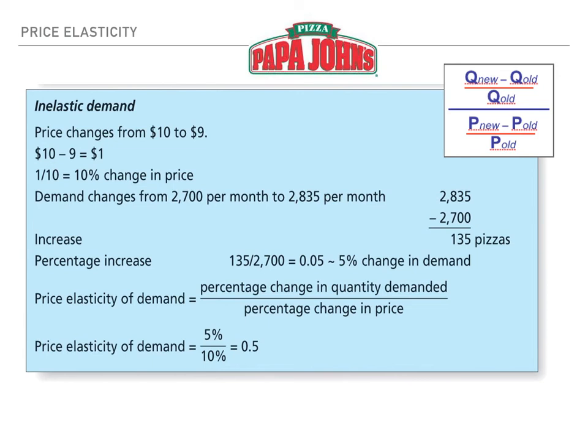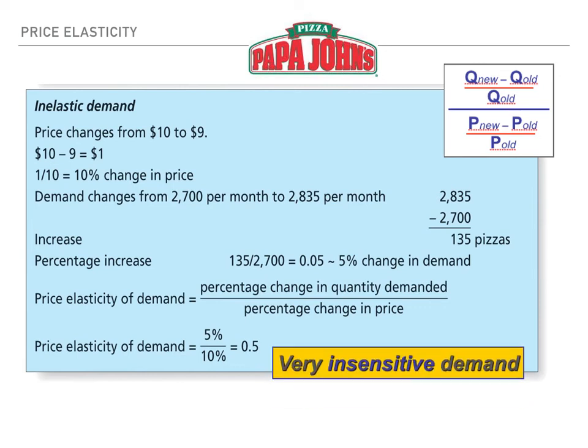When you work out the calculations, you will get a price elasticity of demand of 0.5. So we would say that this is inelastic, that the customers were not very sensitive to that $1 price reduction, because the coefficient is below 1.